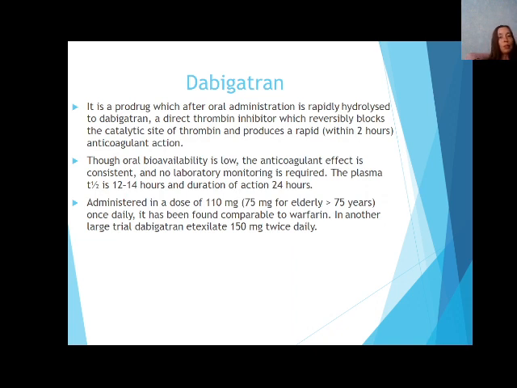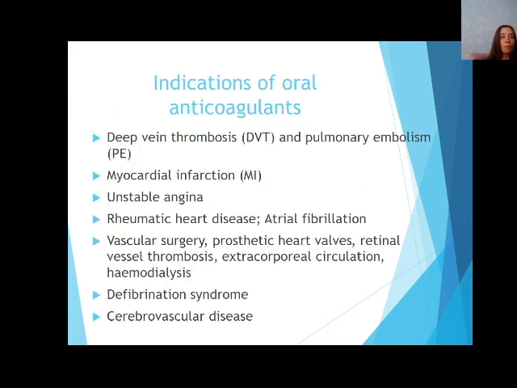Though oral bioavailability is low, the anticoagulant effect is consistent. And no laboratory monitoring is required, like rivaroxaban. The dose can be started from 110 milligram and then 150 milligram twice daily.